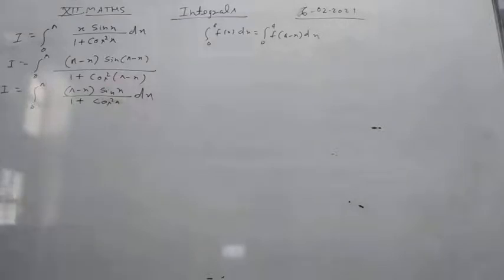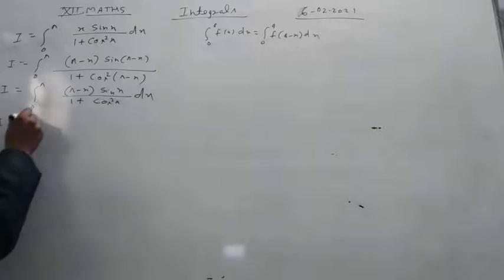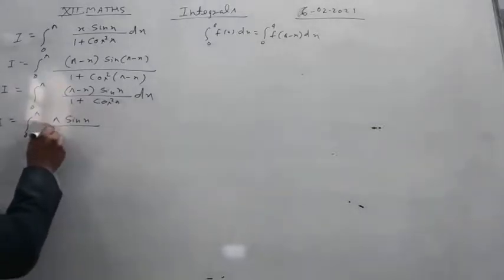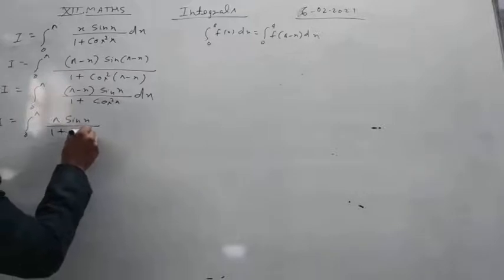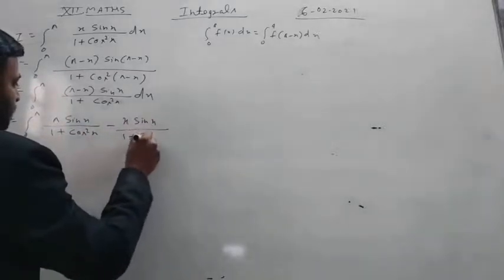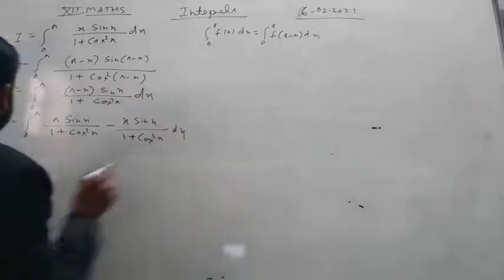Now friends, we add these two. We can write I as integral 0 to pi of pi sin x by 1 plus cos square x minus x sin x by 1 plus cos square x dx.